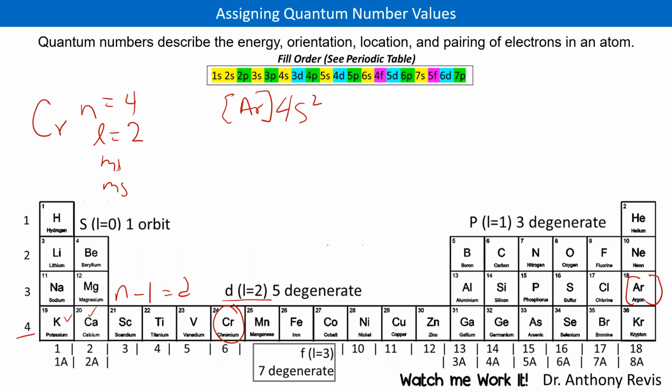So we have 4, so that's 4 minus 1 equals 3d. So it's going to be a 3d, and we simply count across on the periodic table, 1, 2, 3, 4, or we memorize it from the ribbon. It's up to you. You can use the ribbon, or you can count. I always use the periodic table. So that's our electronic configuration here.